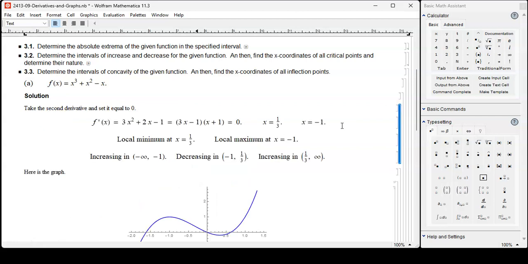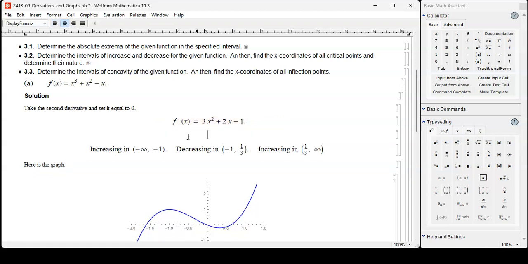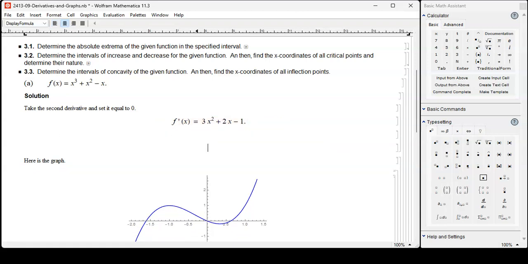So the first derivative is here. How about the second derivative? Six x plus 2. Did I do this right? And that's 0.